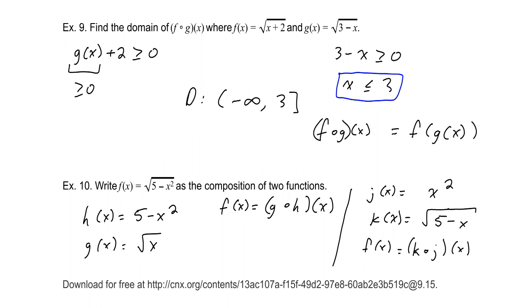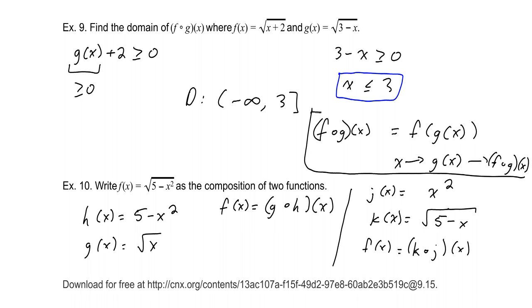Our x values go through g of x, and then those g of x's become inputs in f of g of x. This is the big idea here. Alright, that's the end of the section.